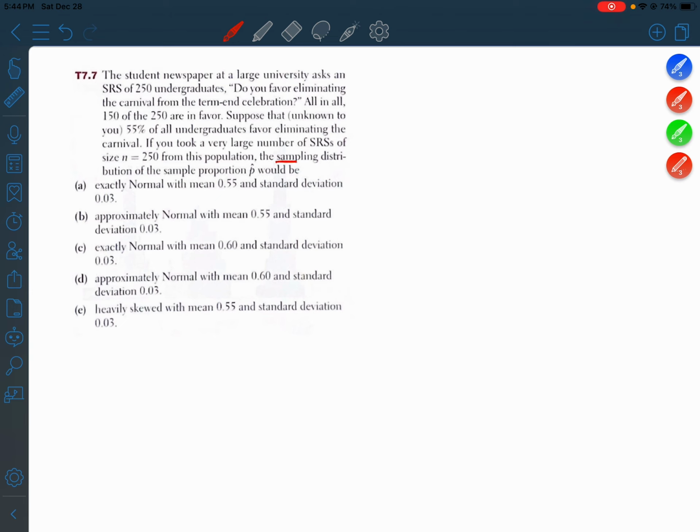All right, so the main focus of this question is about the sampling distribution of p hat. Here are some things that we know about this sampling distribution. We're going to talk about its shape, its center, and its variability.